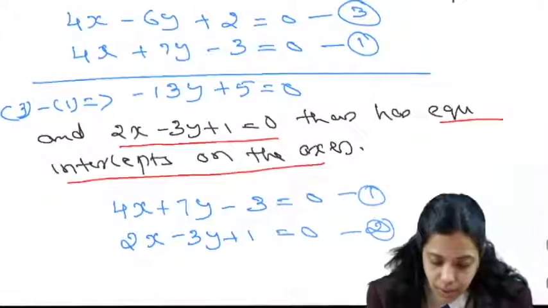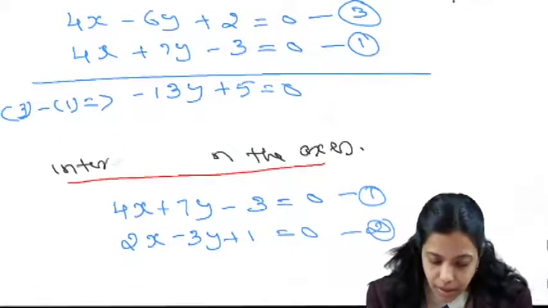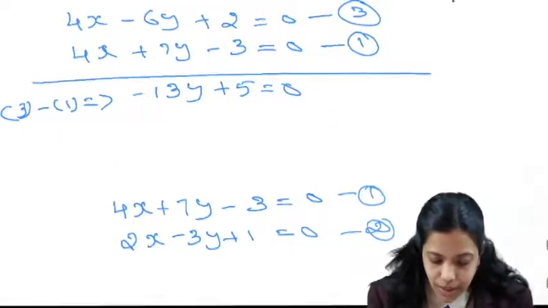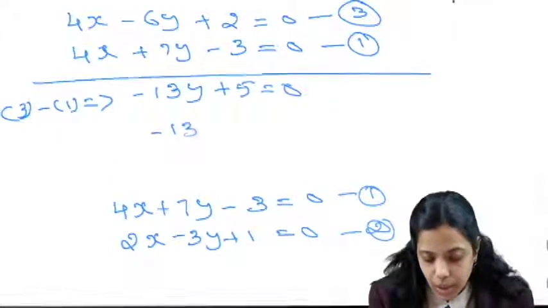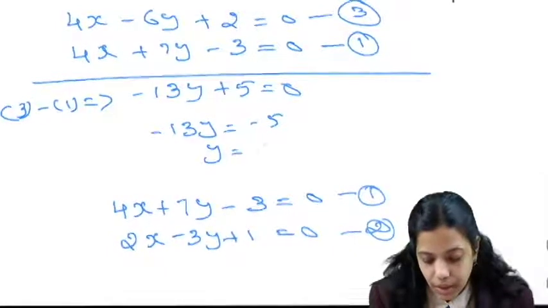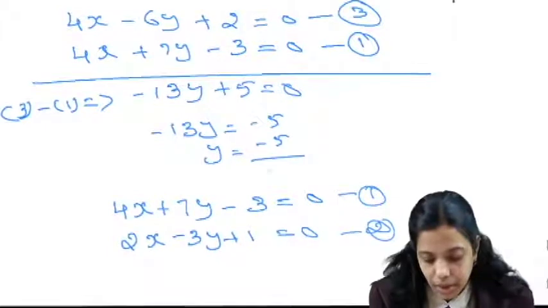So I transpose that to the right side: minus 13y equals negative 5. So y equals negative 5 by negative 13, which is 5 by 13.